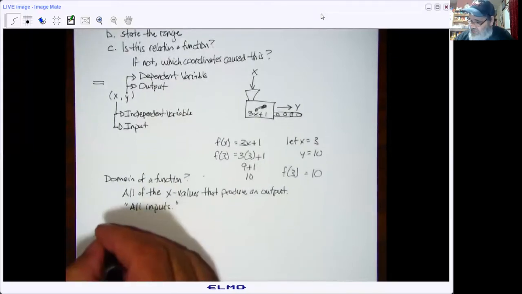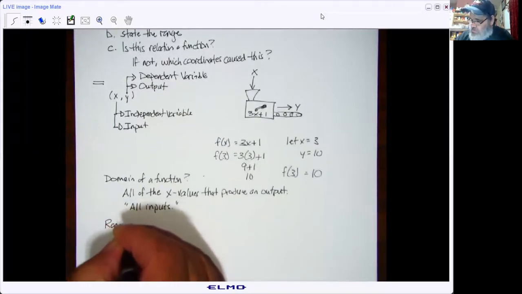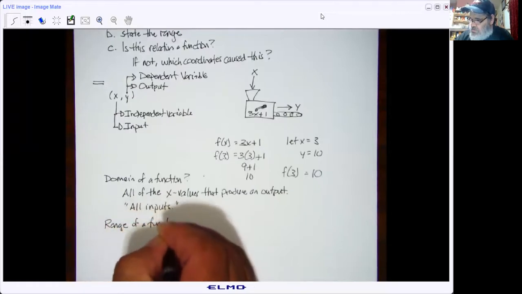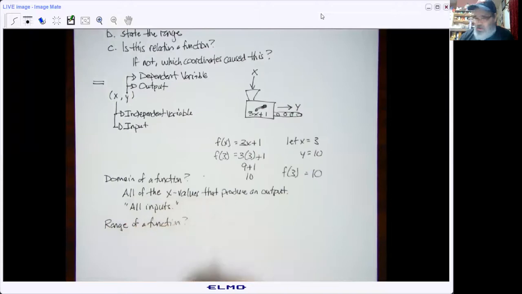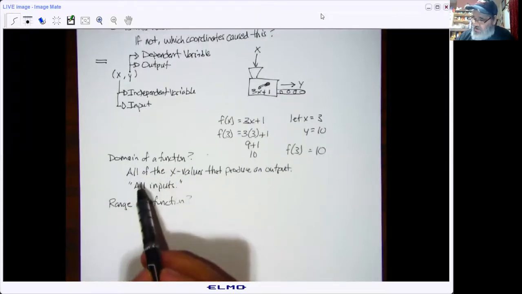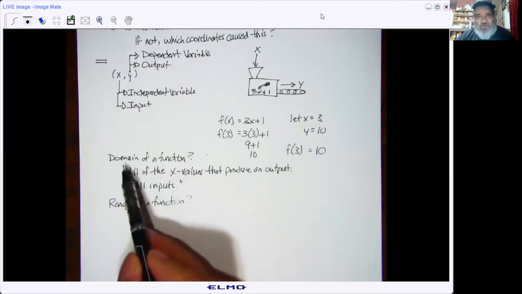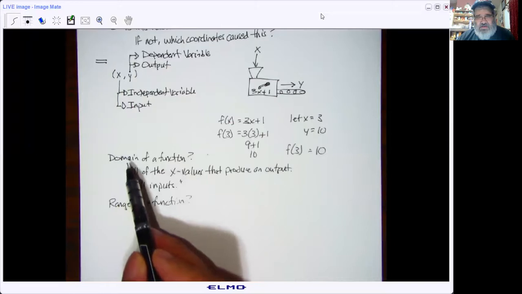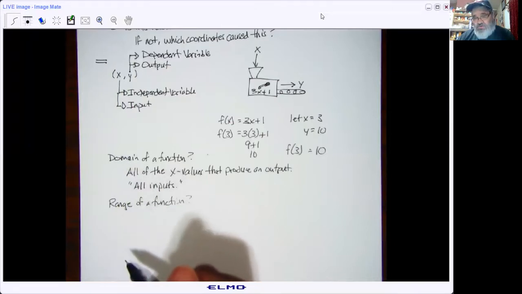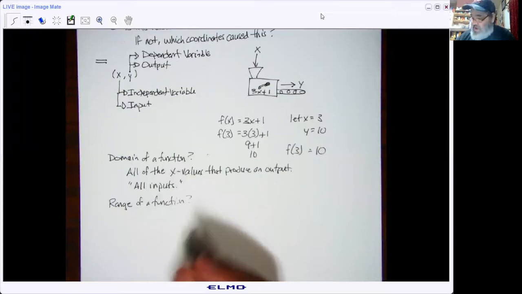The range of a function, well, okay, so let's think about this for a second. If all of the x values give us the domain, then what values give us the range? Yeah, it'd be the y values.